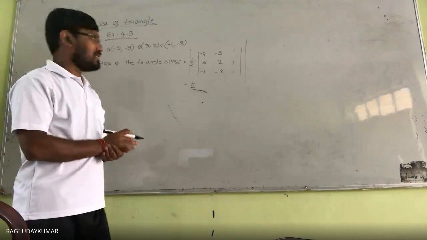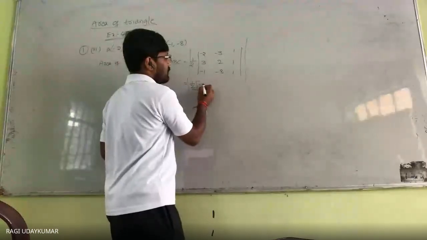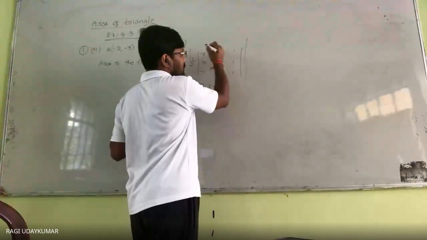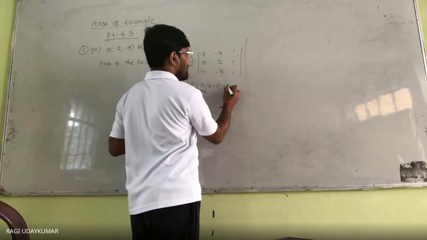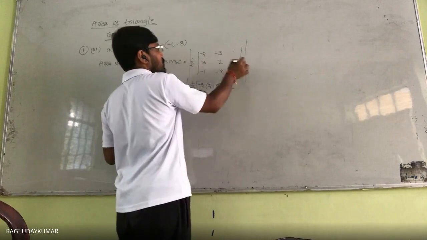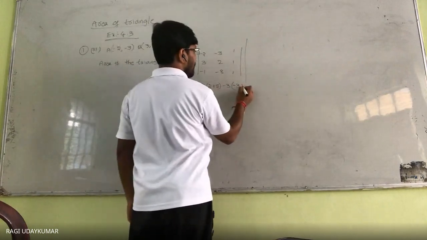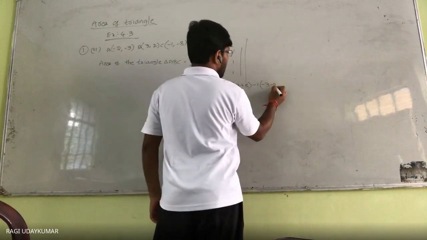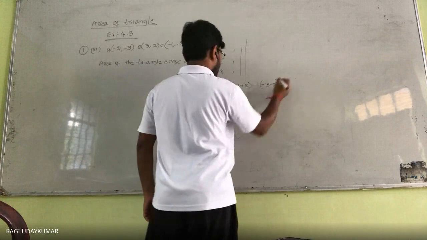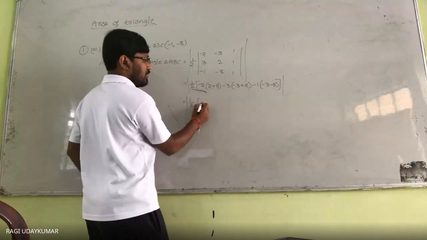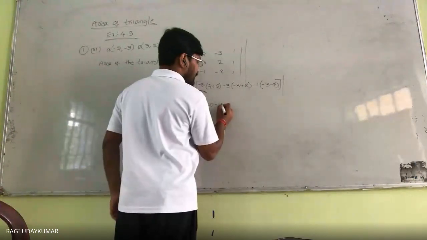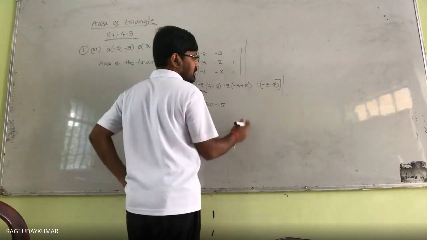That is the determinant. So we are going to get minus 2 into 2 plus 8, where this row and column are deleted. Minus 3 into minus 3 plus 8, this row and column deleted. Minus 1 into minus 3 minus 2. So we get 1 by 2 into, in the brackets, minus 20, minus 15, plus 5.